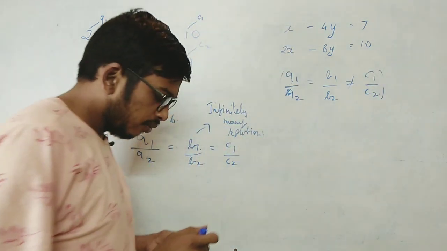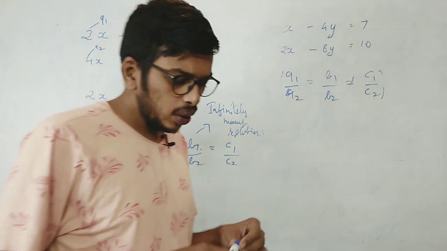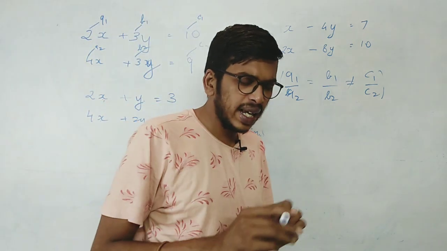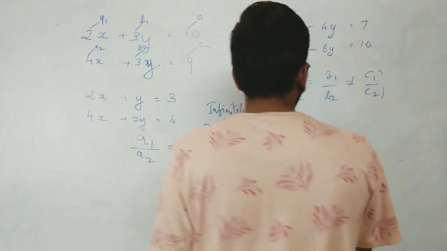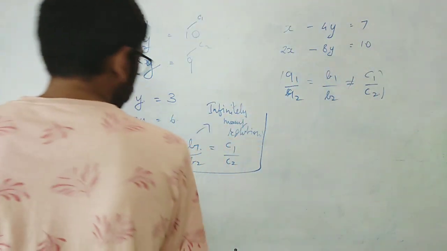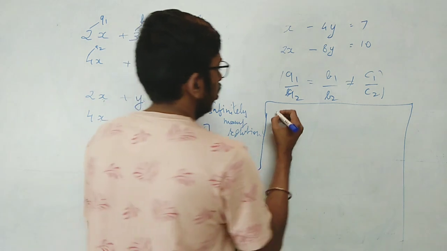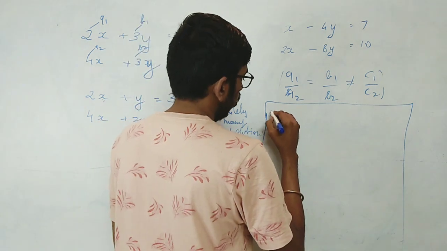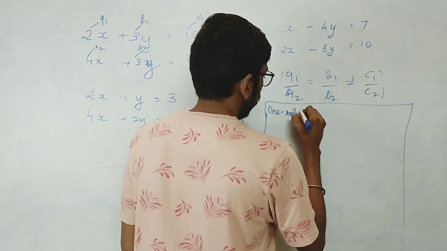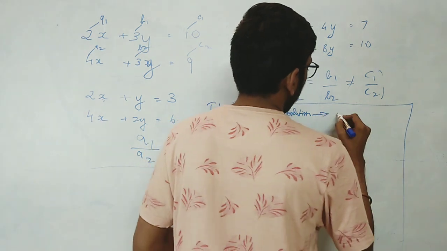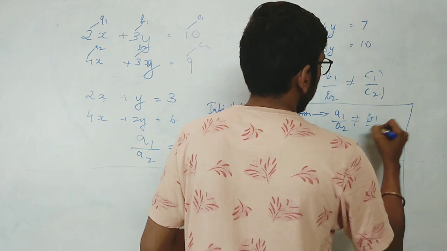Understood? So this is very, very useful for us to find whether a particular pair of linear equations has one solution or infinitely many solutions or no solution. That is what it means. So in short, let me just give the gist here. I'm going to write here, if the lines have exactly one solution, one solution means A1 by A2 not equal to B1 by B2.